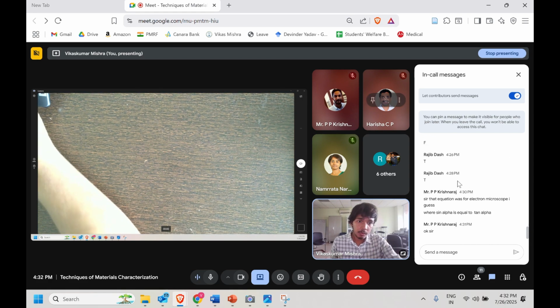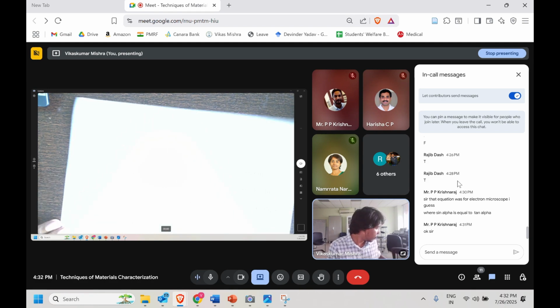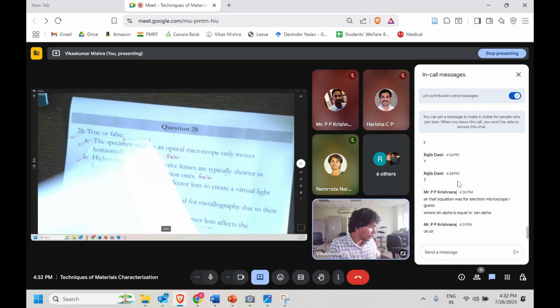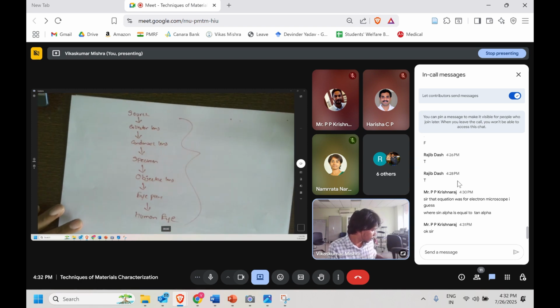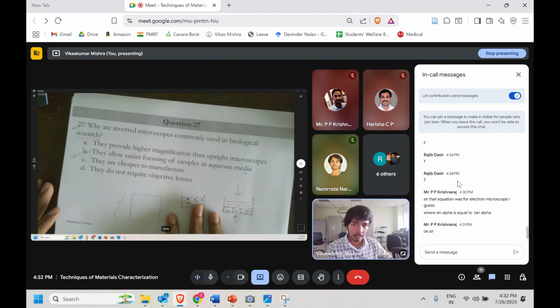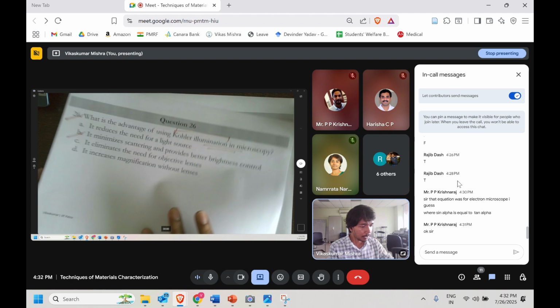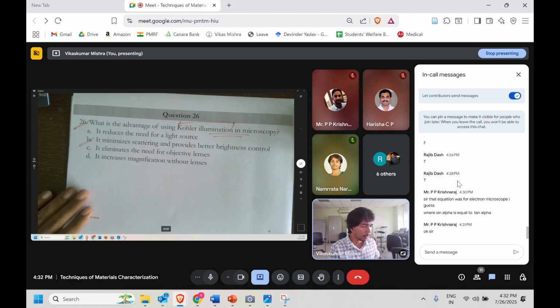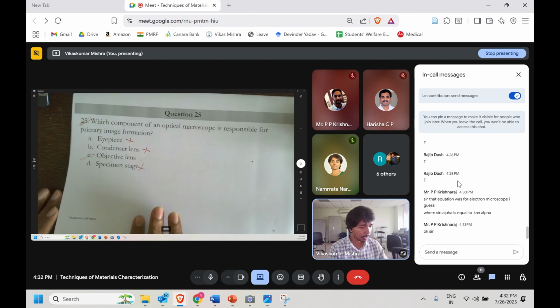Okay guys, I will do one thing right now. I will just show you a couple of all the questions that we have discussed till now. Just have a look at them, and again, I'm telling you, if you find any doubt in any of these questions, let me know. Here we talk about inverted microscopy. In coaxial illumination, we have talked about whether we can add the collector lens and increase the resolution.